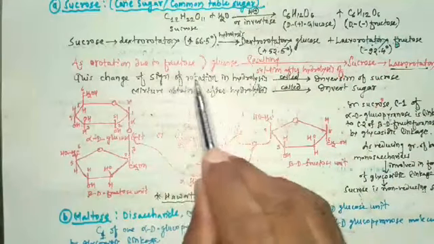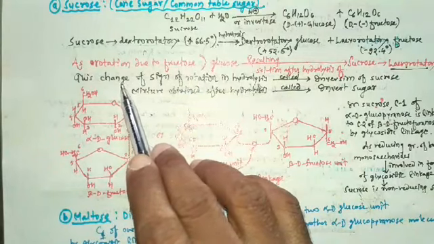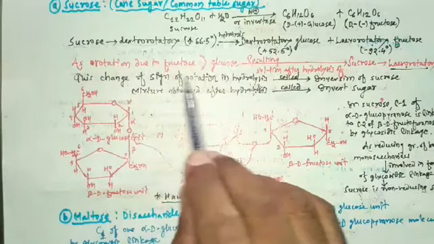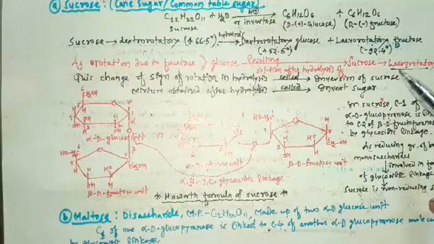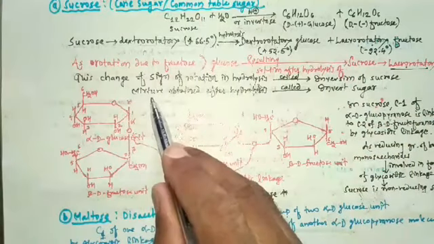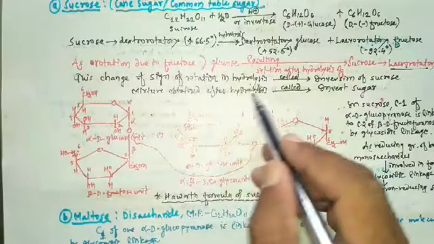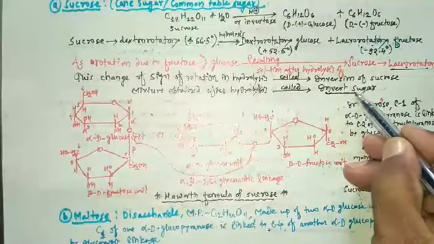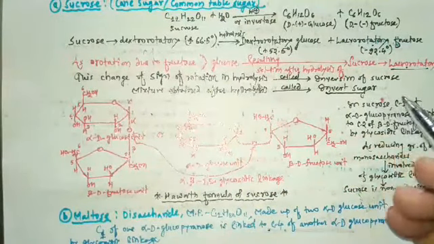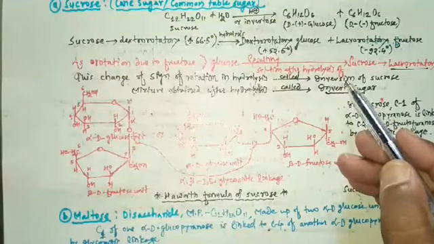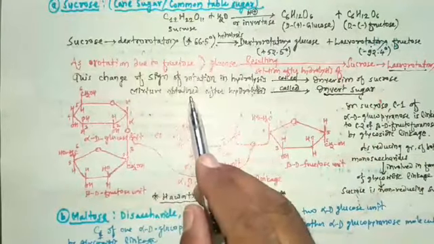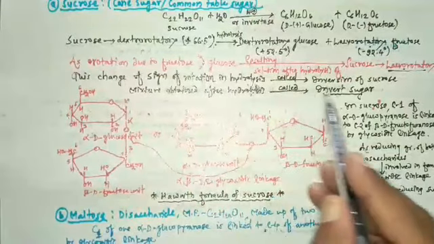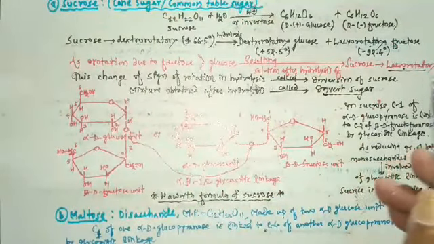So the sign of rotation changes, and it is called inversion of sucrose. The mixture obtained after hydrolysis is therefore called invert sugar, because inversion of sucrose takes place.